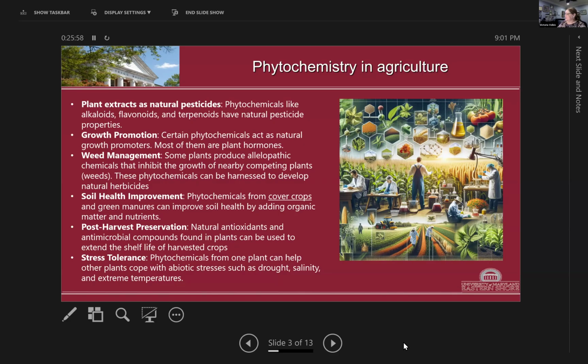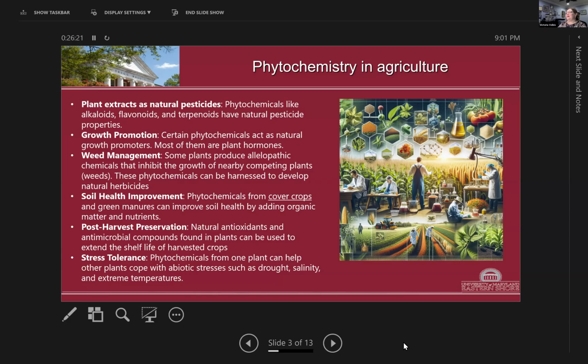And if we can extract and determine those compounds and prepare some applications from them, that also will promote significantly organic horticulture.